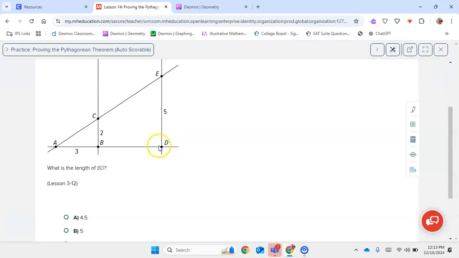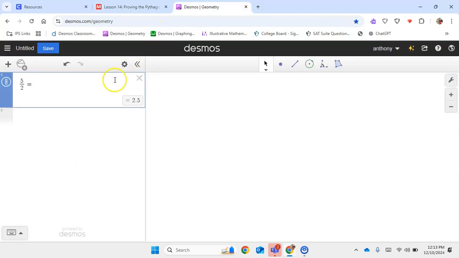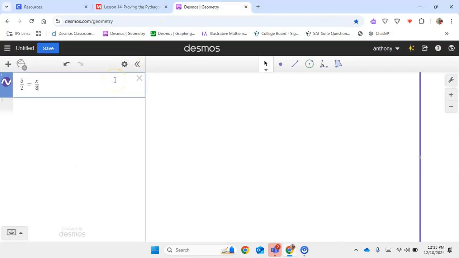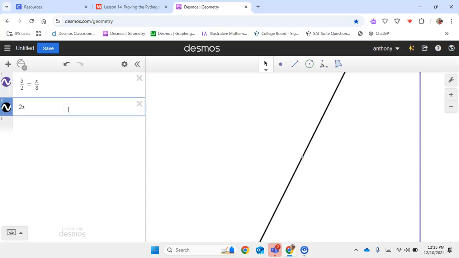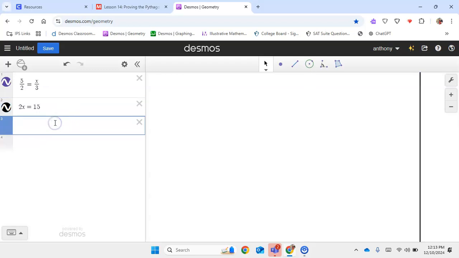And the big triangle is segment AD. So AD will be x over 3, of course. 2 times x is 2x, and 5 times 3 is 15. Divide both sides by 2, x equals 7.5.